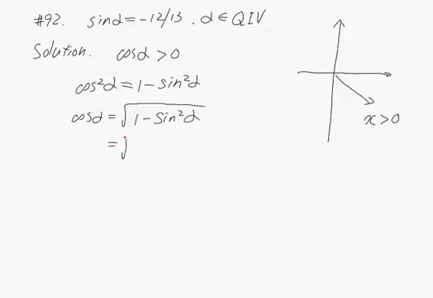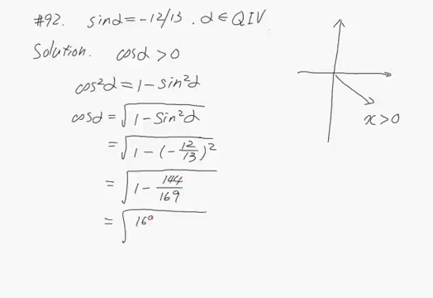Now plug in the value for sine alpha: 1 minus the square of 12 over 13, and this is equal to 1 minus 144 over 169. 169 minus 144 over 169, and this is equal to 25 over 169. So finally you get 5 over 13, and done.